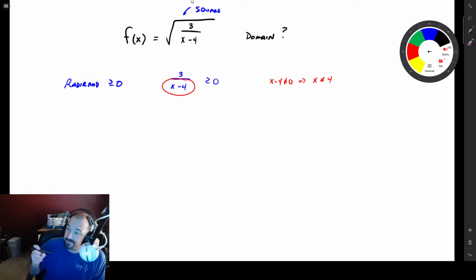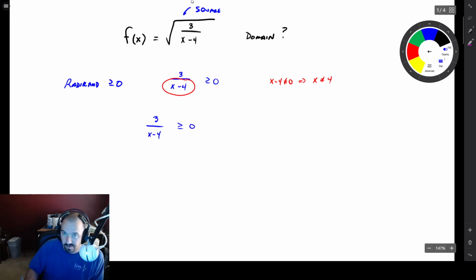Well, the problem here is that we're looking not so much for a value, but a sign. I want you to stop, take a look at this thing, and ask it in words, and it will probably make a little bit more sense. We have something greater than or equal to 0, which means the something has to be positive.